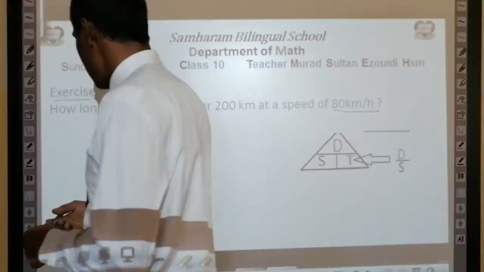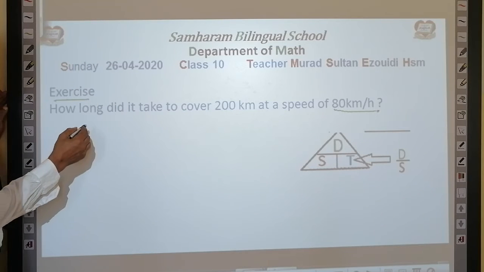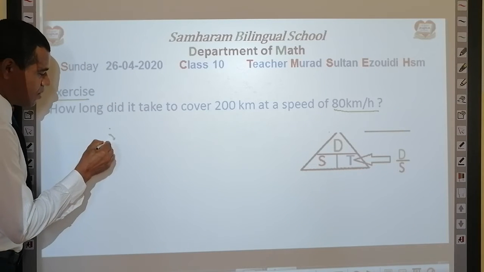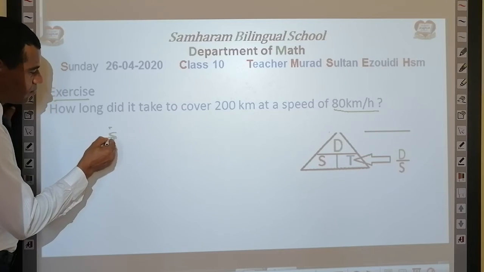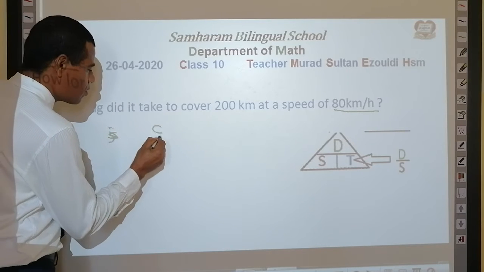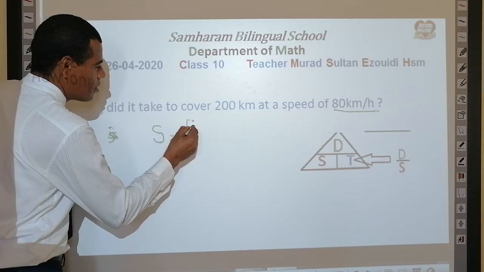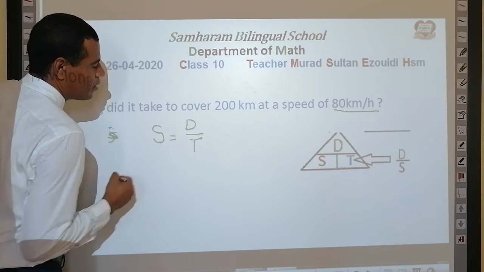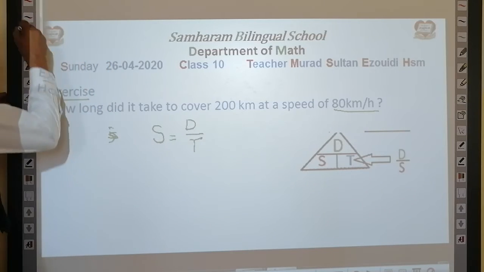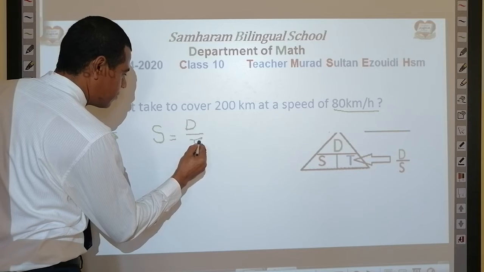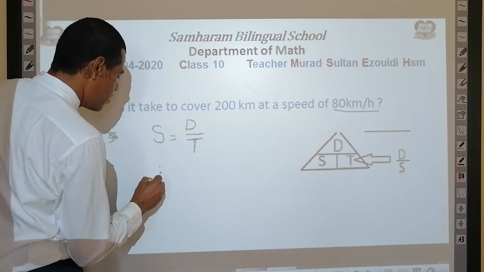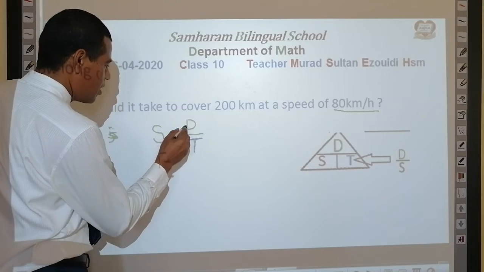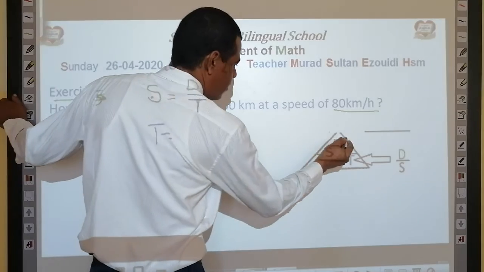So we'll use what? Speed equal distance divided by time, isn't it? So the subject is what? Is the time. So t, my learners, is equal to distance divided by s.